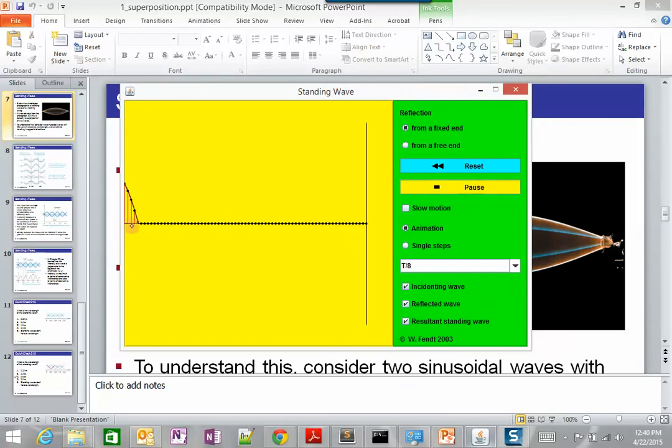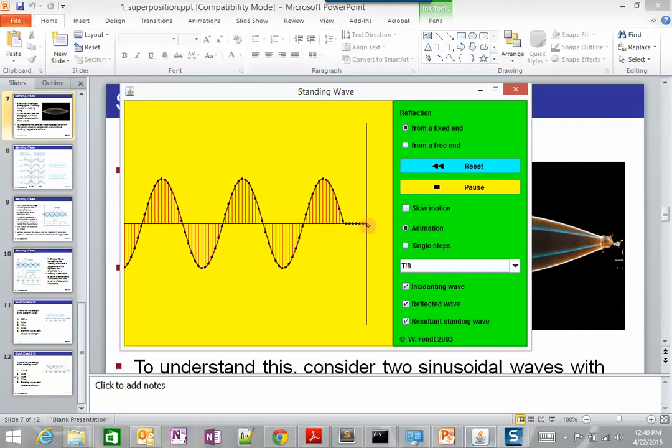The wave is traveling to the right, this is a string, and this end is fixed. So when this wave reaches this point, there's going to be a reflected wave that has the same amplitude and same frequency, but it's going to be traveling in the opposite direction. And those two are going to add to produce a net displacement.